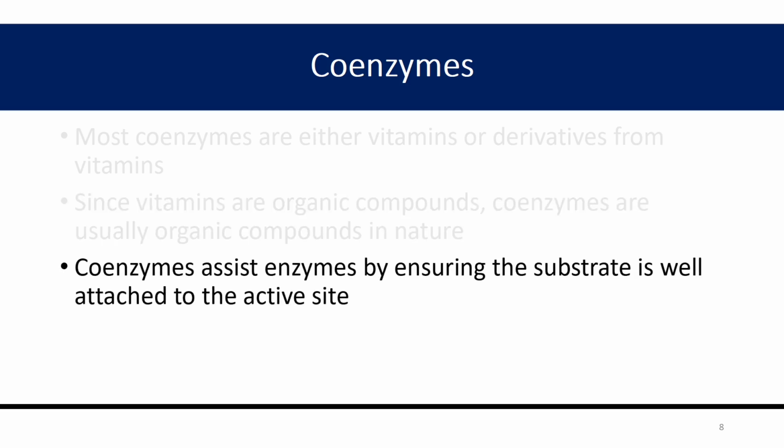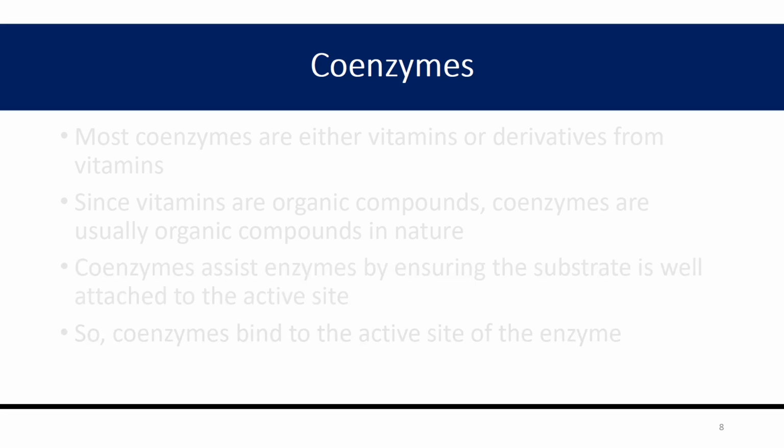So coenzymes assist enzymes by ensuring the substrate is well attached to the active site. So a moment ago I talked about the cofactors. Most often than not, cofactors tend to bind to allosteric sites, while coenzymes usually will bind within the active site.